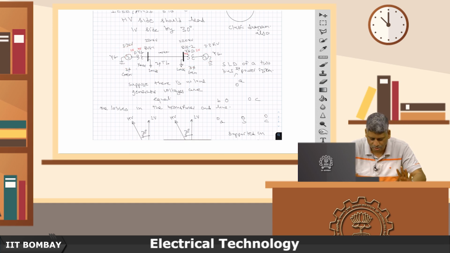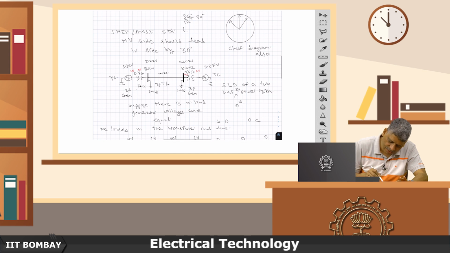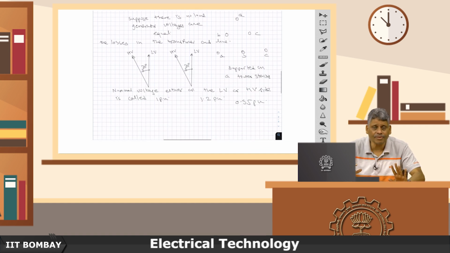mess or a problem. So that is why, in a nutshell, I have told you very clearly that the HV side should lead the LV side by 30 degrees. This is very important. This convention is now fixed.